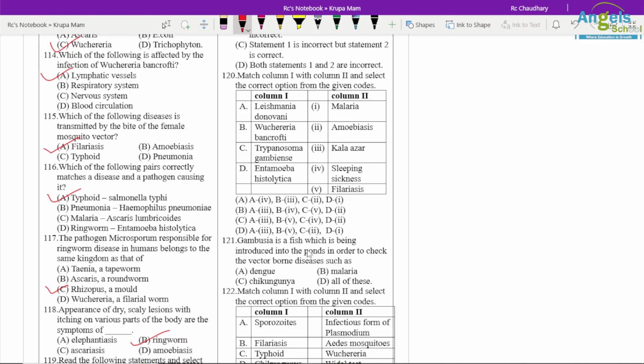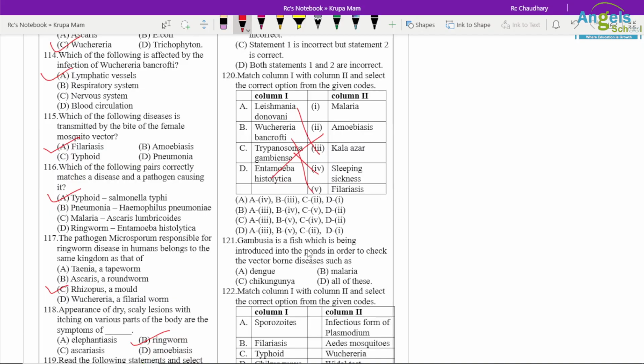Match the following. Leishmania donovani causes Kala Azar, Wuchereria causes filariasis, Trypanosoma causes sleeping sickness, and Entamoeba histolytica causes amoebiasis.